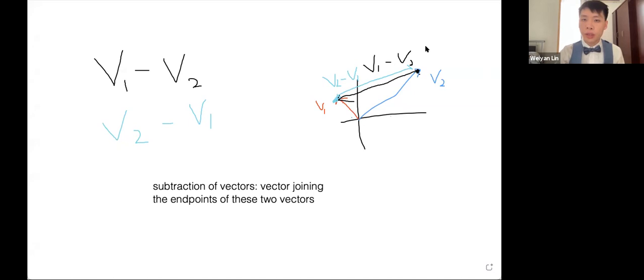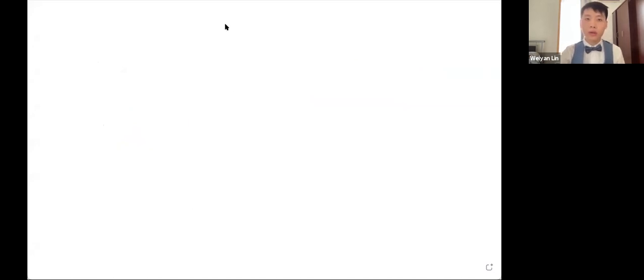So let's do some examples. Let's say V1 equals (2, -1, 3) and V2 is (4, 2, 1).